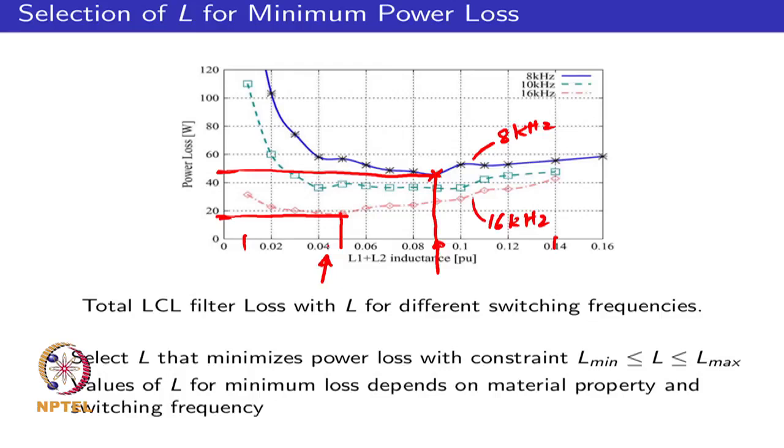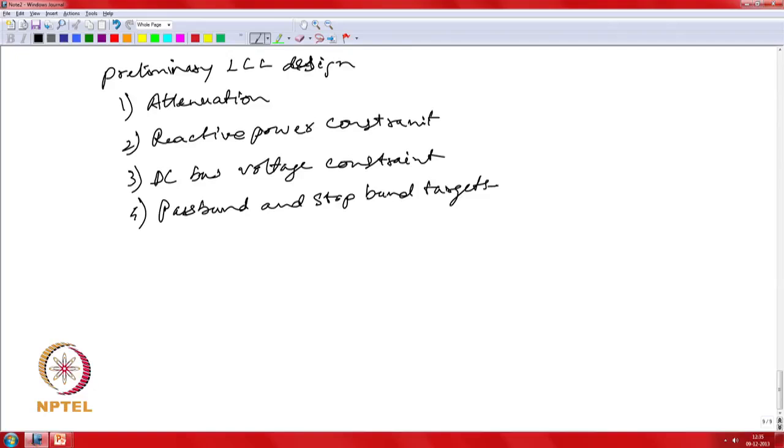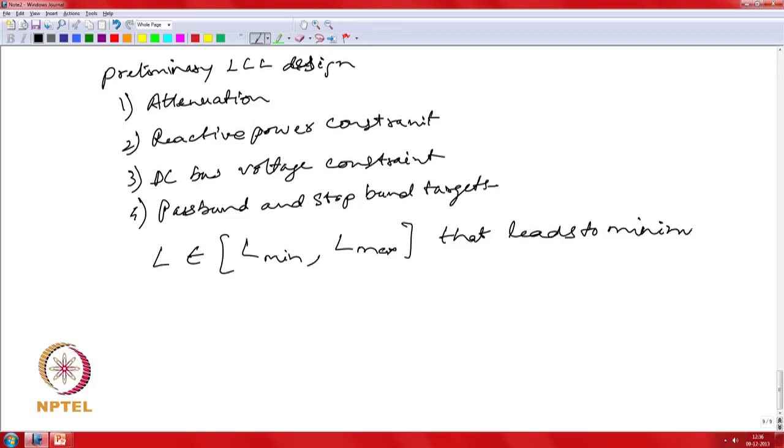So, depending on the frequency you have chosen, you could then consider the value of L. So you could select a value of L that leads to minimum loss. That could be a preferred filter design.